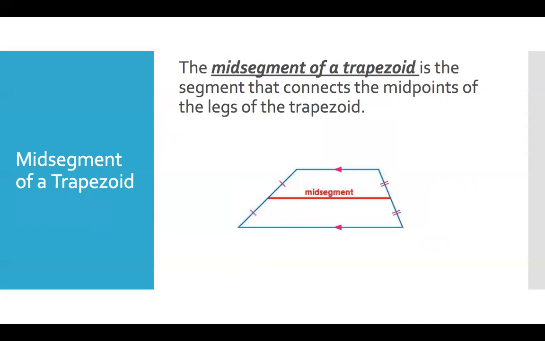The mid-segment of a trapezoid is the segment that connects the midpoints of the legs of the trapezoid. So if I have the legs, then this point here and this point here, those are both midpoints. So connecting those, that would be the mid segment.